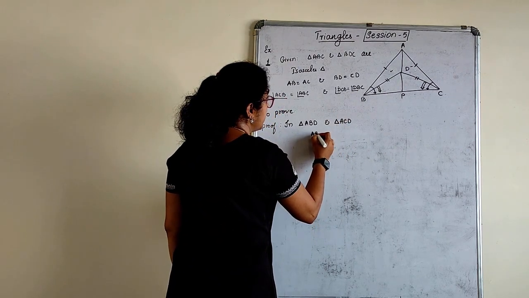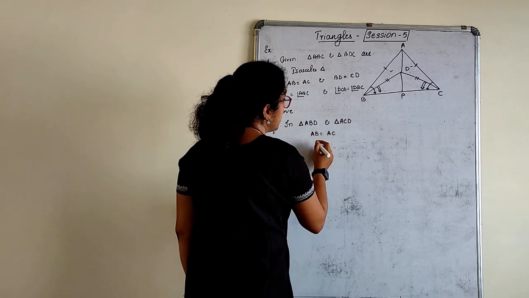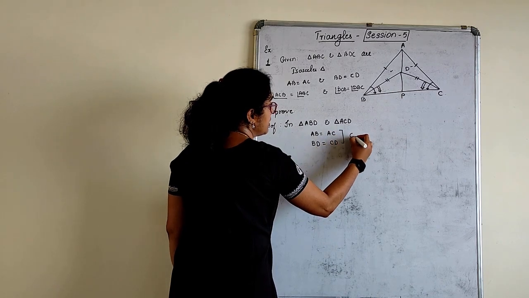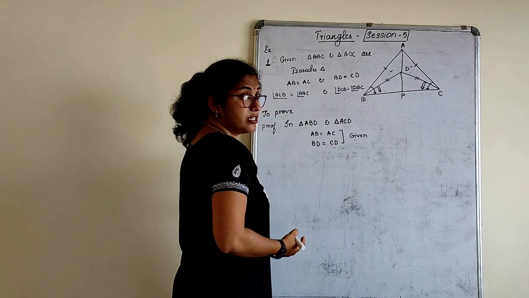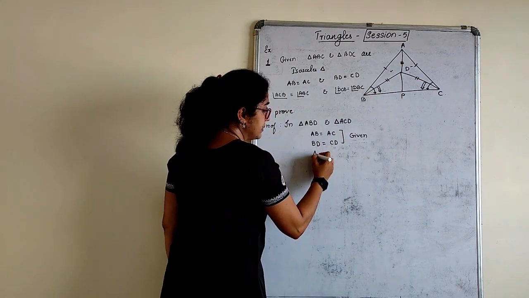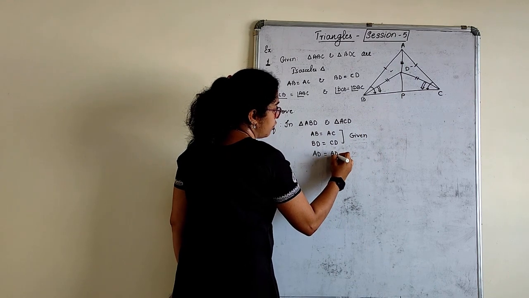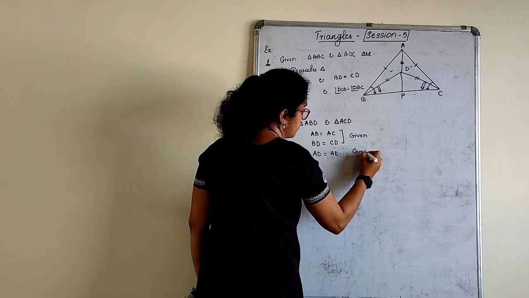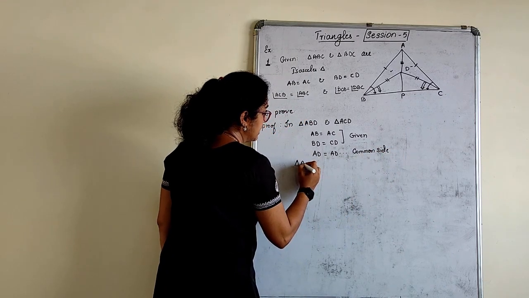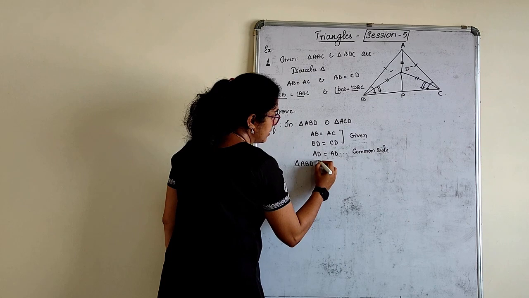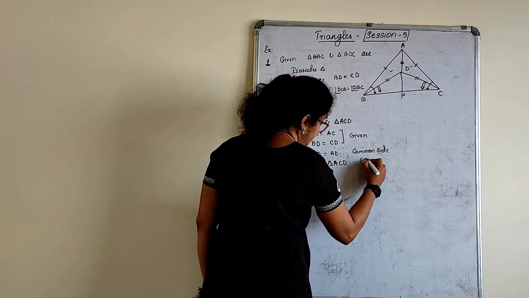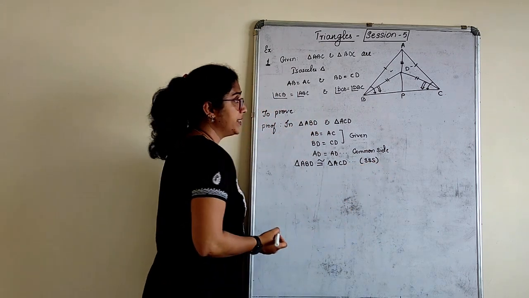First of all, AB is equal to AC and BD is equal to CD. These two are given because it is an isosceles triangle. Then AD is equal to AD. Reason? Common side. Therefore, triangle ABD is equal and congruent to triangle ACD by the triple S congruence rule.